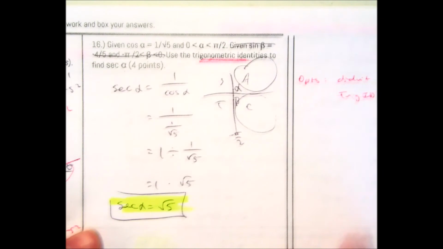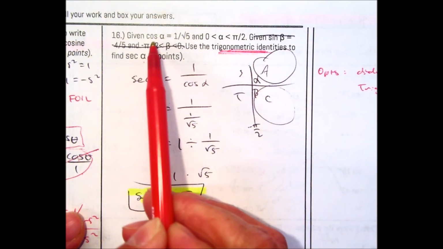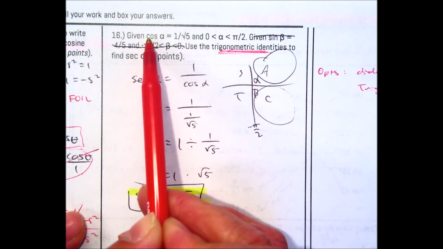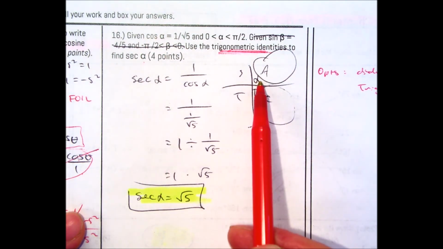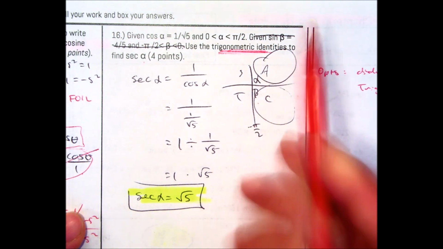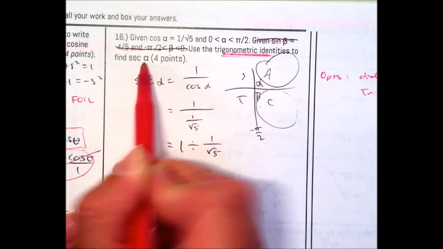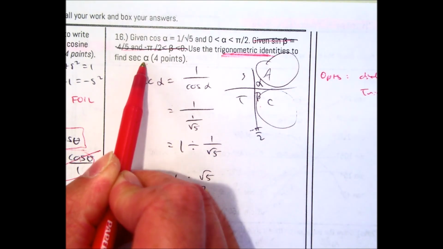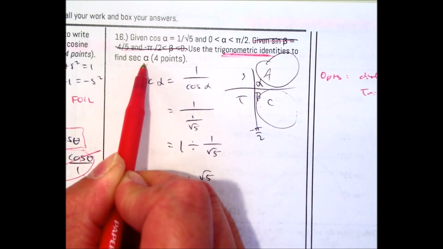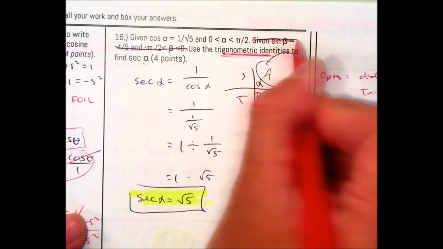Now, in this problem and the previous version, version A, notice how I gave you 2 different angles: alpha, which is in quadrant 1, and beta, which is in quadrant 4. But in my problem here, I'm crossing off beta because what Greek letter did they use? Secant of alpha. Does that make sense? You just need to pay attention. So you literally, in this problem, I just cross it off because I don't need it.